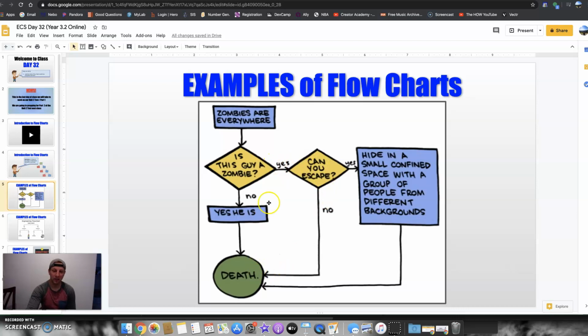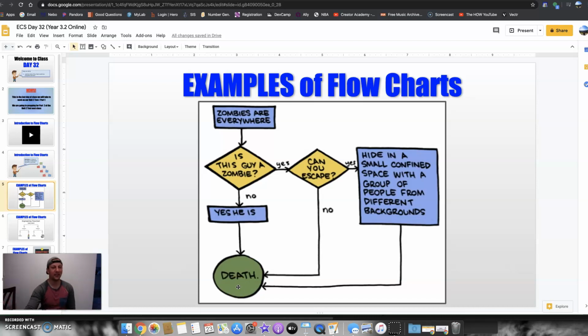No, death. If the answer is yes, hide in a small confined space with a group of people from different backgrounds, per the usual of most zombie shows or movies, but then it usually ends up leading to death. So in this situation, the starting point is they're zombies and the ending point is just death, which I feel kind of bad bringing up because it's not very happy.